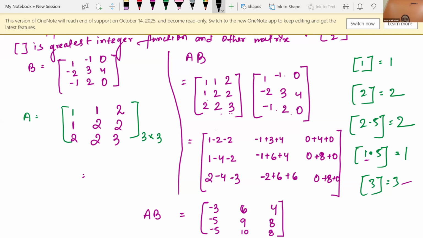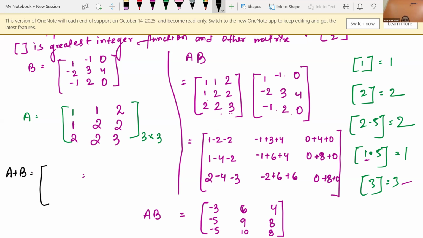We also need to find the sum of A and B and the difference between A and B, right? Yes. So we'll be adding this to A plus B, and we'll be finding the sum.